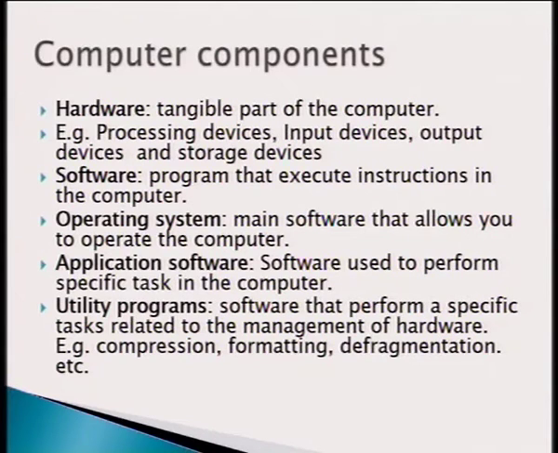However, some of these basic devices like the mouse and the keyboard come with their own software. They're called plug-and-play. These are called utility programs. Utility programs are programs that are related to the management of the hardware components.